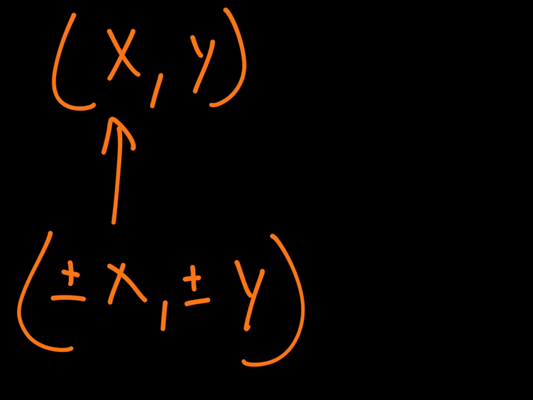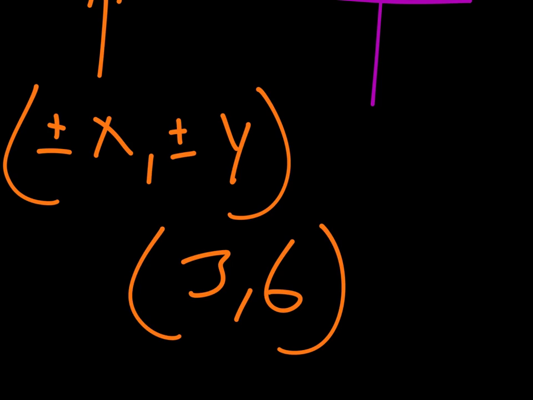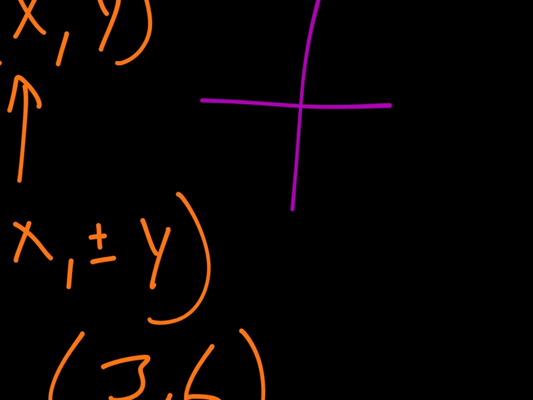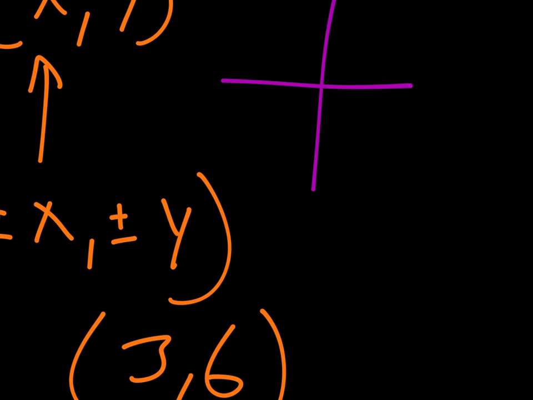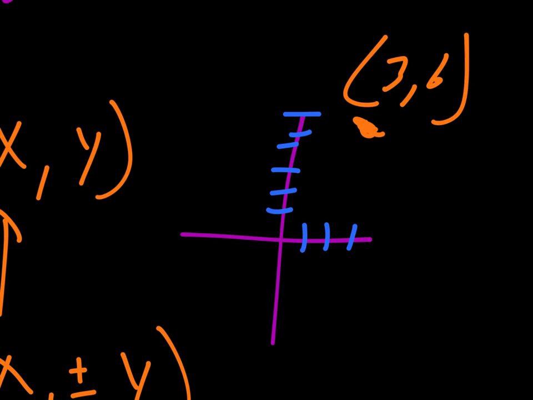So if we want to graph (3, 6), you would go over to the right 3 and up 1, 2, 3, 4, 5, 6, and guess what? You make a point right there, label it (3, 6), just like that.